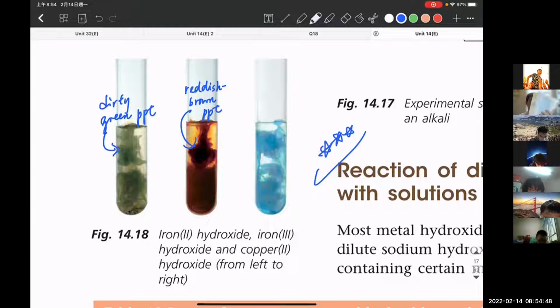Finally, for copper 2 ion, what is the color? We call it pale blue. 粉藍色係嘛？We call it pale blue PPT. All of you, please mark it down.